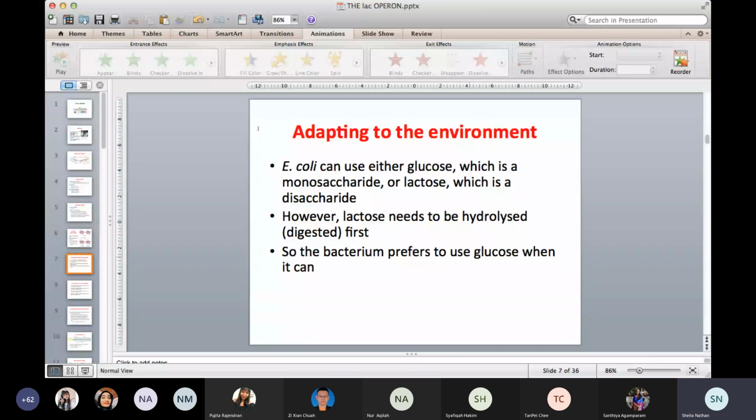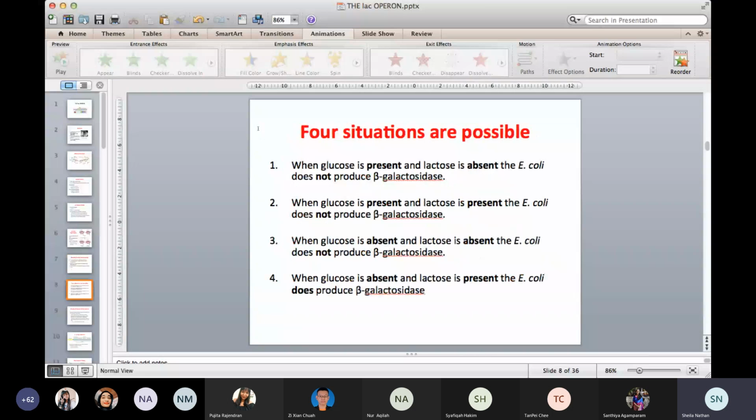So if a bacterial cell is present in an environment where glucose is also present, the E. coli will not switch on the Lac operon. Why? Because remember, the purpose of switching on the Lac operon is to produce the beta-galactosidase enzyme, which is needed to hydrolyze the disaccharide to glucose.